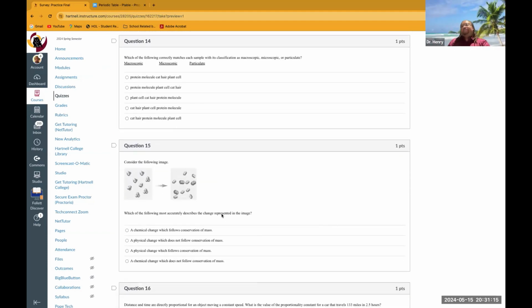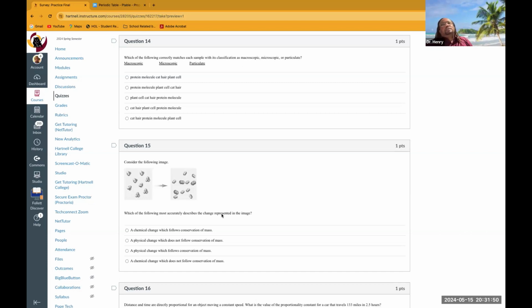Number 14. It says, which of the following correctly matches each sample with its classification as macroscopic, microscopic, or particulate? Your first choice, protein molecule, cat hair, plant cell. Your second choice, protein molecule, plant cell, cat hair.